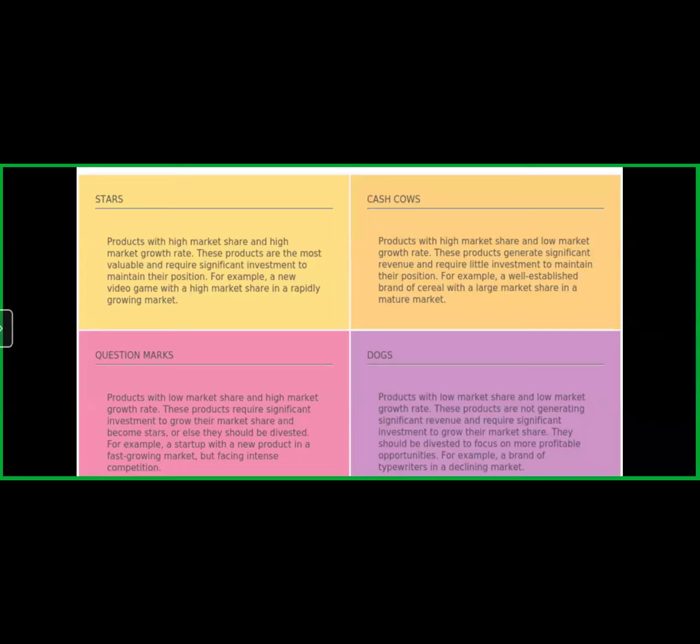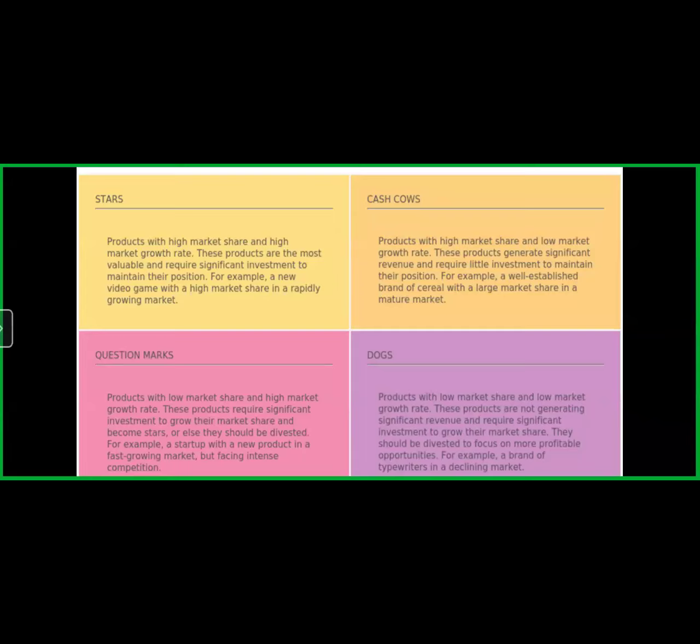Now, for example, an air conditioner manufacturing company is there. This company is able to sell its product widely in the city or in the country. So for the market share of that particular company, for example, if we take the example of LG, LG's air conditioners, they are able to sell in large numbers.